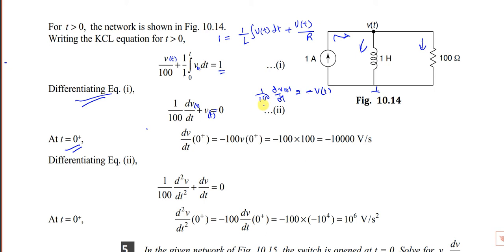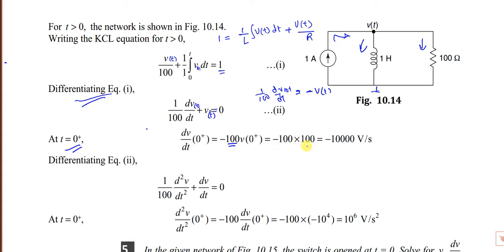If you cross multiply, this 100 will come to the other side, minus 100 v of 0 plus.